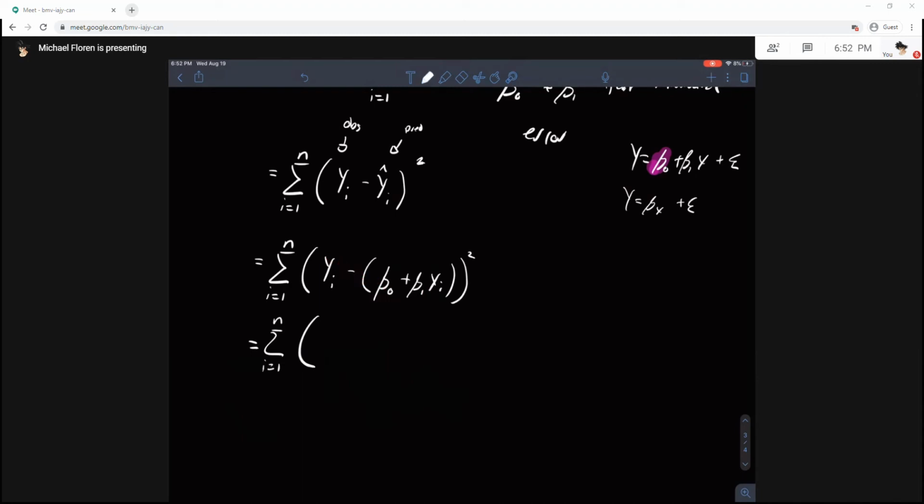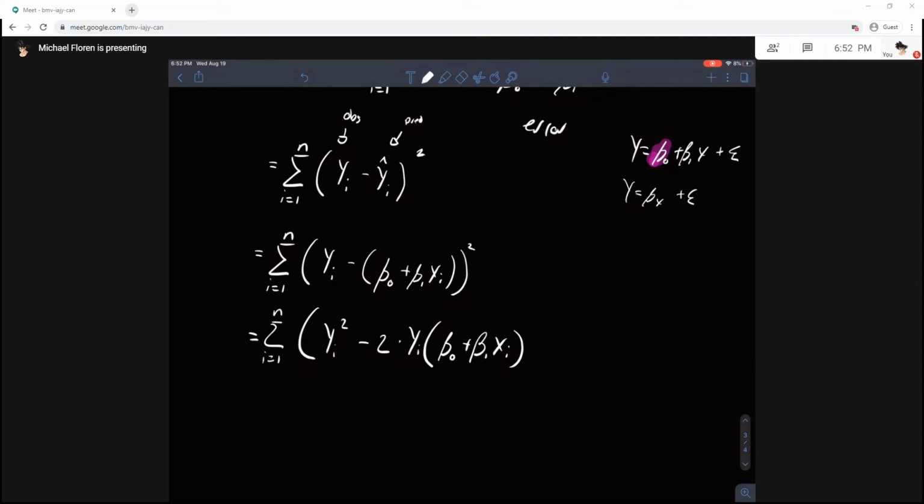So a squared, this is going to be y sub i squared minus 2 times y sub i times b0 plus b1 x sub i, plus b0 plus b1 x sub i quantity squared.